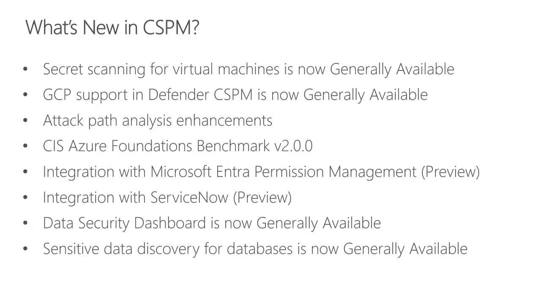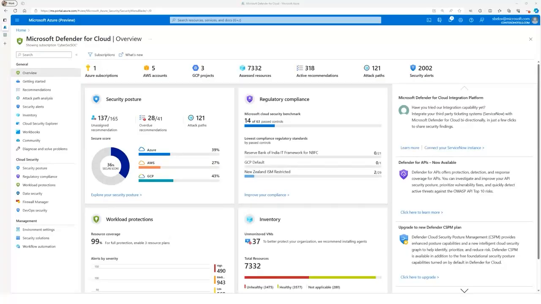So I want to share a couple of news items that we recently announced at Ignite. Now Defender for Cloud is integrated with some other solutions. The first one I want to talk about is an integration with Microsoft Entra Permissions Management, which is a cloud infrastructure entitlement management solution that provides comprehensive visibility into permissions assigned to various identities like users, service principals, and so on.